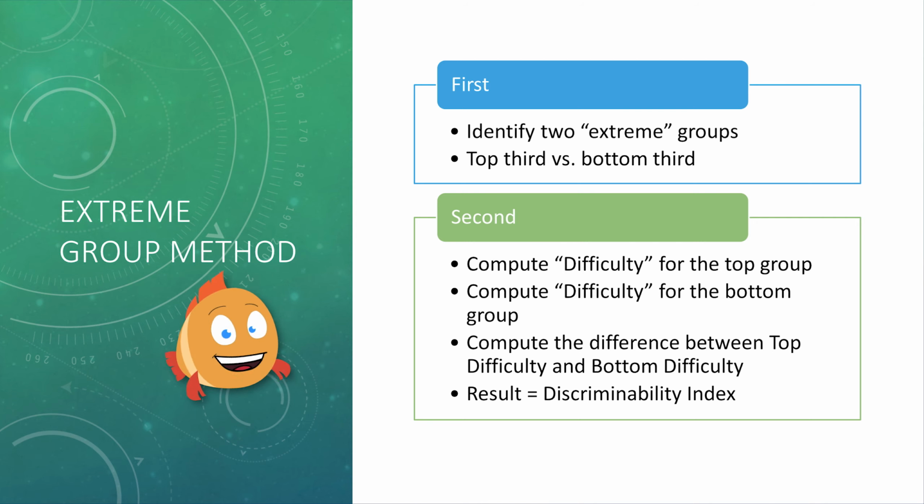So what you do is you compute the difficulty for the top group, and then you compute the difficulty for the bottom group. And then you compare the difference between the top group and the bottom group. And this results in the discriminability index.